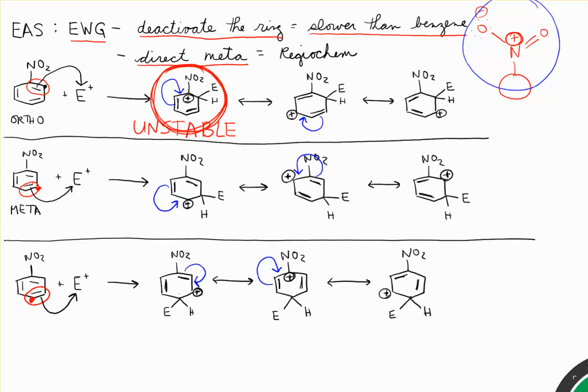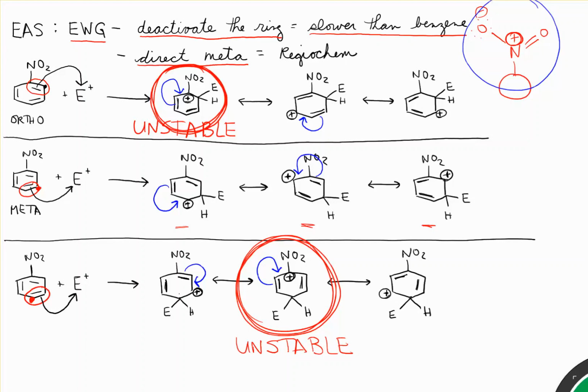If we look at the meta substituents, none of them put that positive carbocation next to the nitrogen that also has a positive charge. So none of the meta resonance structures are destabilized. If we look at the para, again, I hope this one jumps out right at you. Once again, you are putting a positively charged carbocation right next to a positively charged nitrogen.